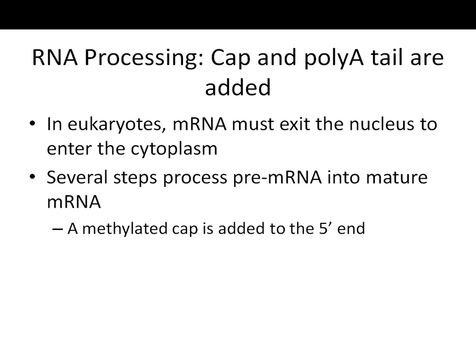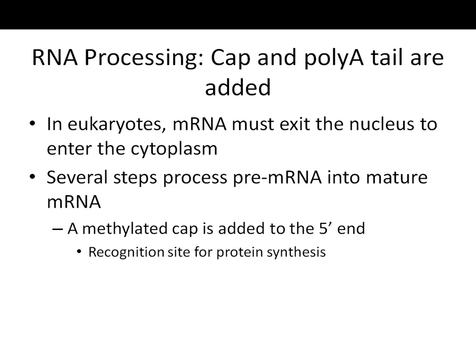First, the methylated cap is added to the 5' end of the mRNA transcript. Specifically, this is important so that mRNA can be recognized by the ribosomes and it can be translated. So it's a recognition site for protein synthesis.